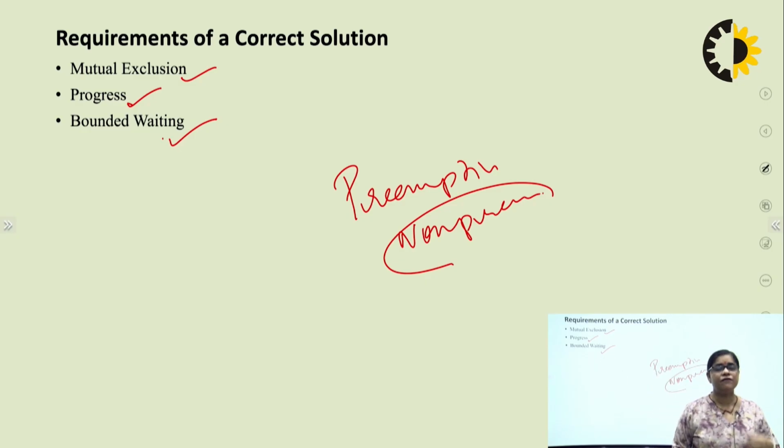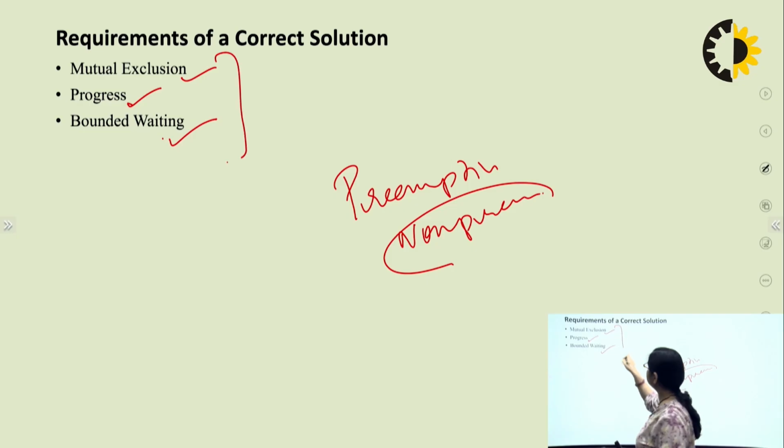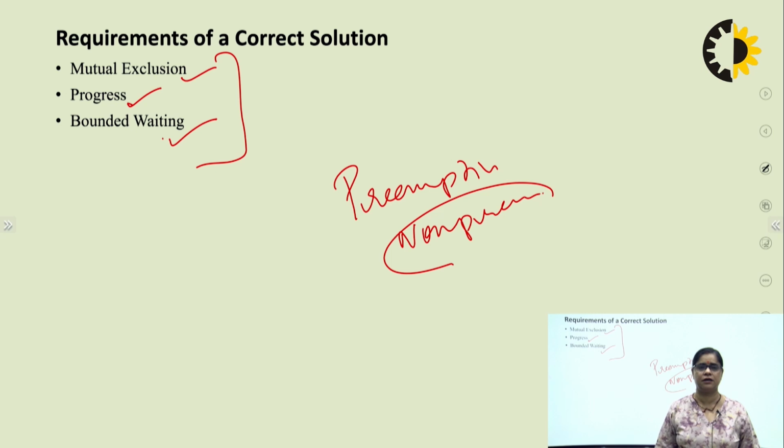It means that for each process we keep a limit on how long it will wait to get the permission to access those resources. So these are the three requirements of the correct solution, or you can say the three requirements for the critical section.